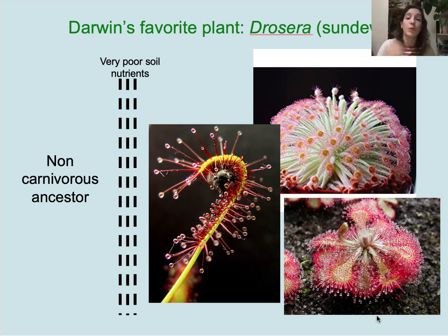Another example of evolution by natural selection would be that of Darwin's favorite plants, Drosera, the sundew. These are carnivorous plants. They evolved from a regular, non-carnivorous plant ancestor. Imagine a normal looking plant with green leaves that don't have these fancy hairs all over them, and maybe a stem.